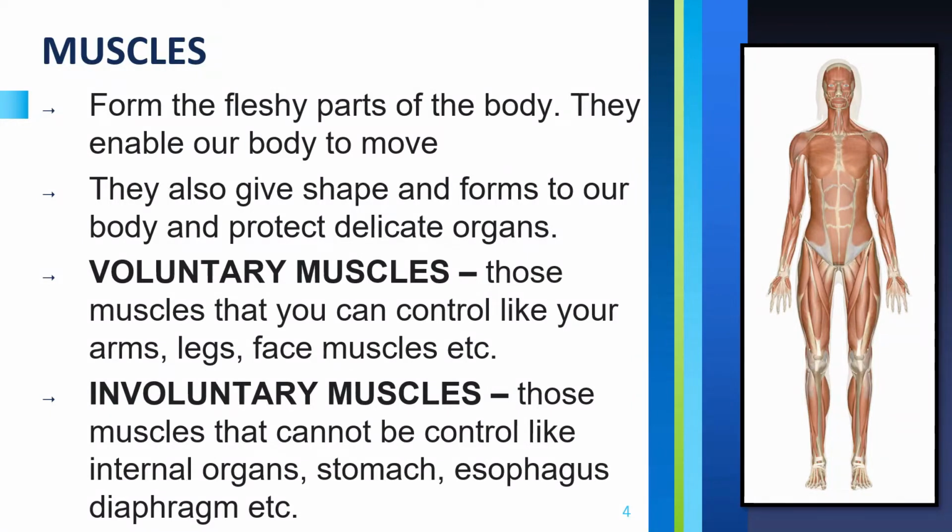Ito naman po yung mga muscles na hindi po natin nakokontrol, katulad ng mga internal organs, katulad ng stomach. Sarili silang gumagalaw, like the esophagus and diaphragm. That is the difference between voluntary and involuntary muscles.